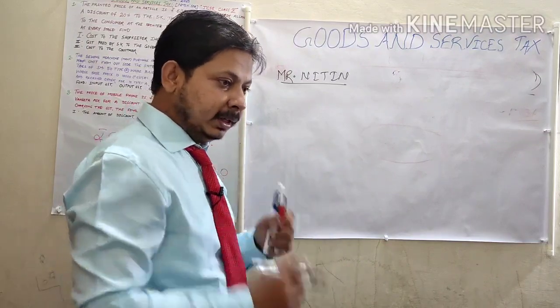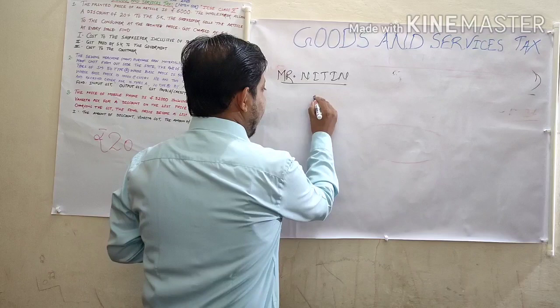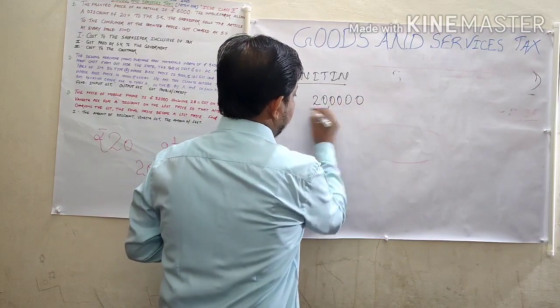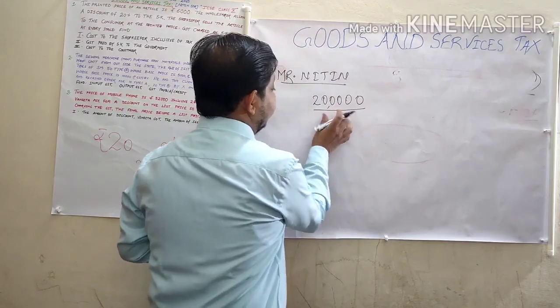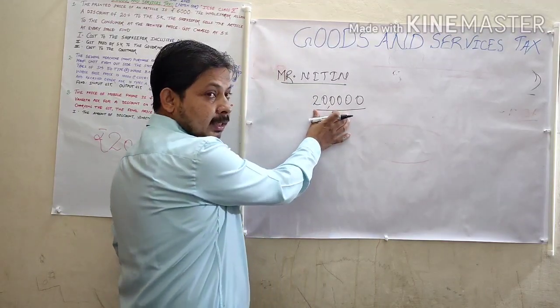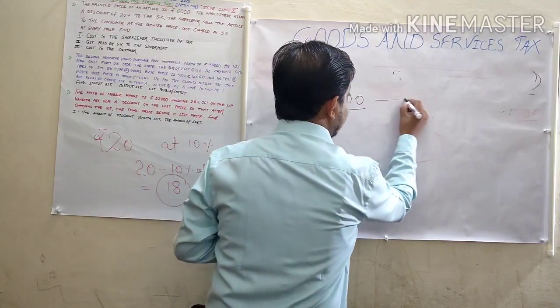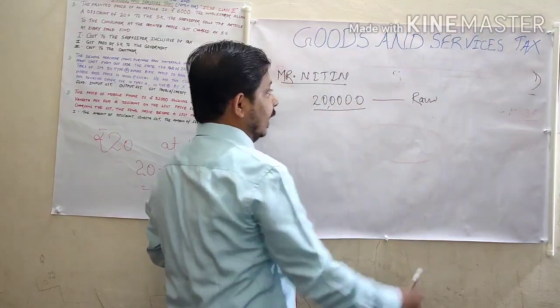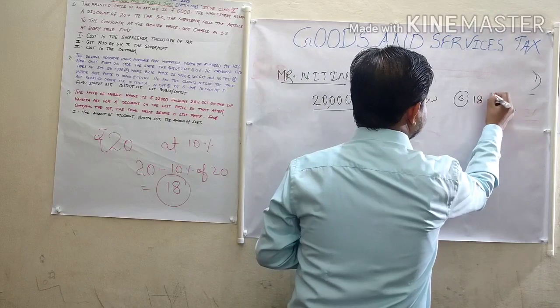For this company he invested 2 lakh rupees, and for the amount of 2 lakh rupees he buys raw material from the local manufacturer, at the rate of 18% GST.